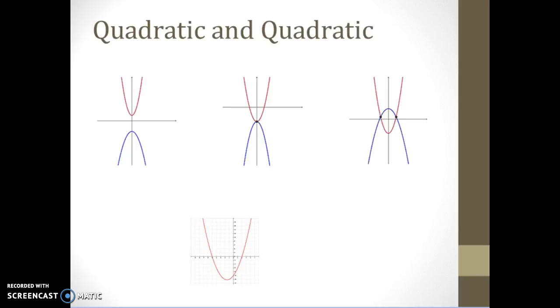You might also see a quadratic and quadratic. So in this case, for the first one, they are never going to touch. They're going in opposite directions, so I could have no solution. Or in our second case, they touch one time in the middle, so I could have one solution. Over here we've got 2.